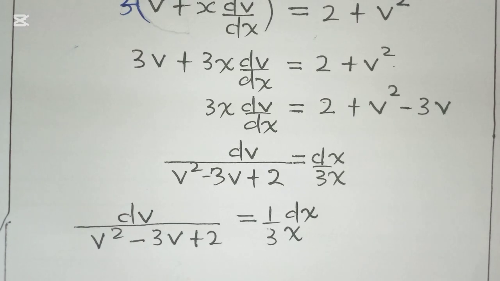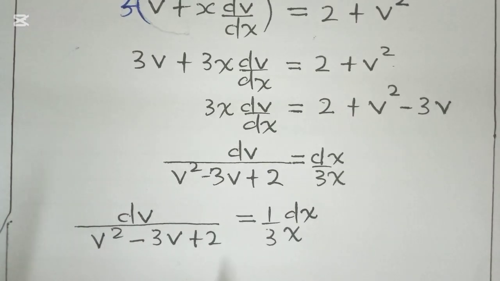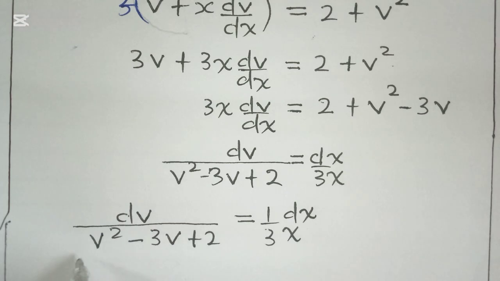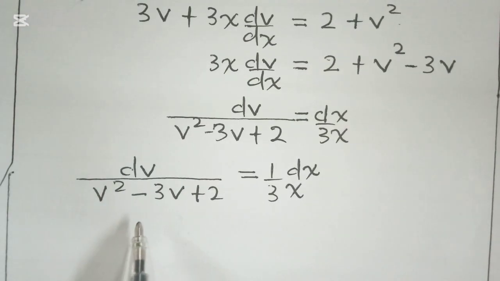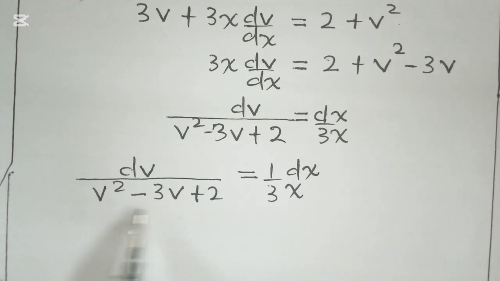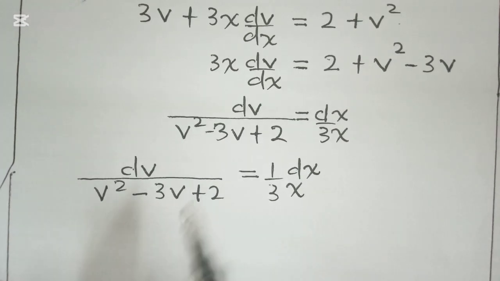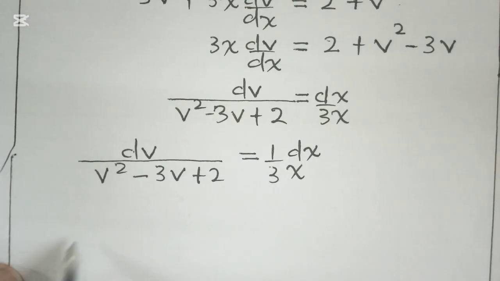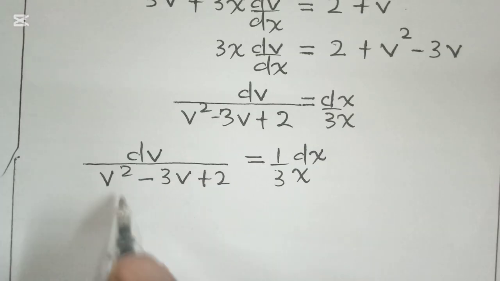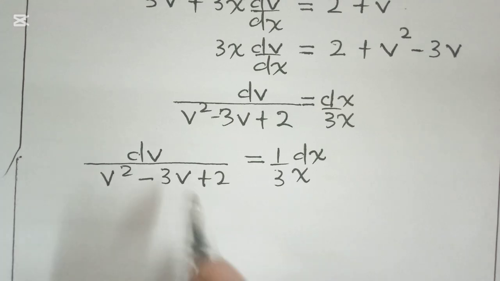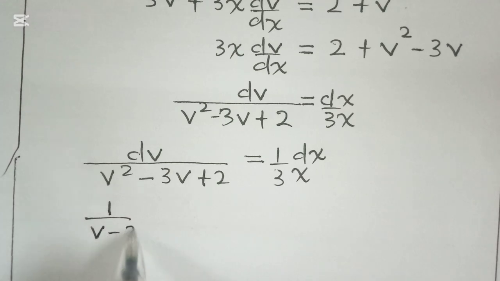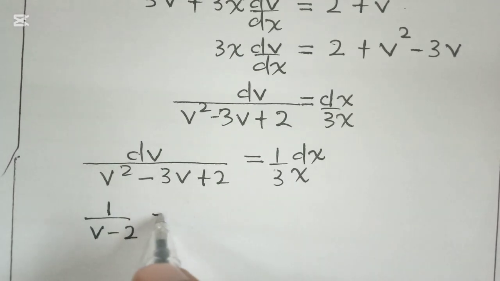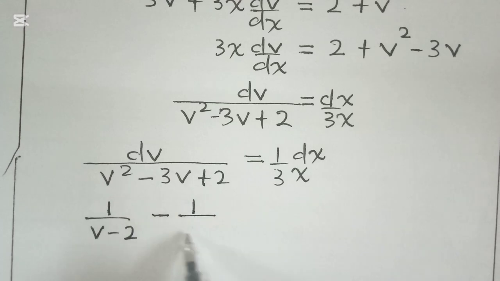From there we are going to do integration on both sides. But before we do that, we can do partial fractions for this side. The partial fraction, which I had already done, comes to 1 all over v minus 2 minus 1 all over v minus 1.